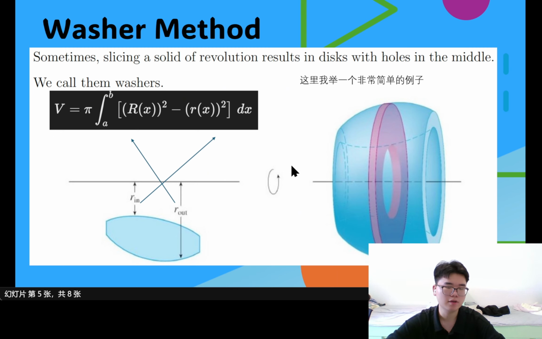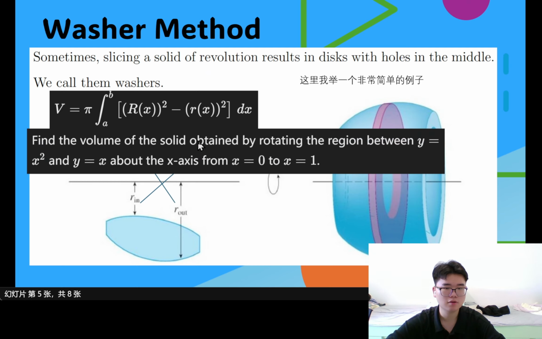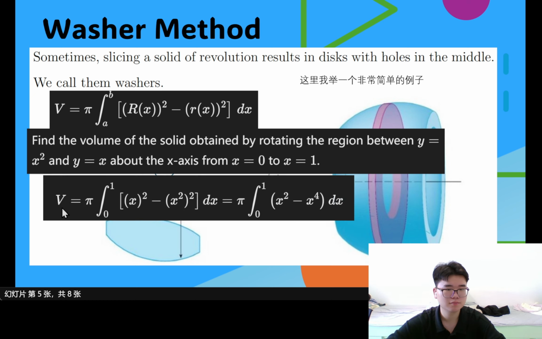Okay, let me give you an example. Find the volume of the solid formed by rotating the region between this one and this one about the x-axis from x equal to 0 to x equal to 1. This is the formula.